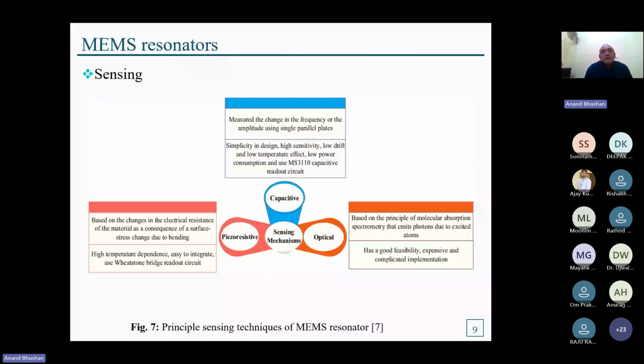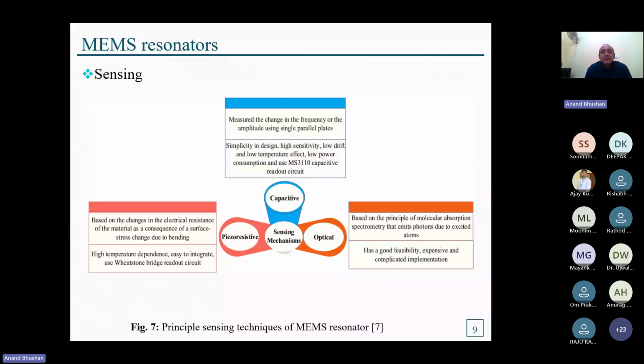In the capacitive type, the suspended microbeam and ground state can be made as a capacitor, and when deformation happens in the microbeam, it changes the capacitance of the system, and by measuring this change in capacitance, we can compute the deflection of the microbeam. Similarly, we can also use an optical method to sense the motion of a microbeam resonator.